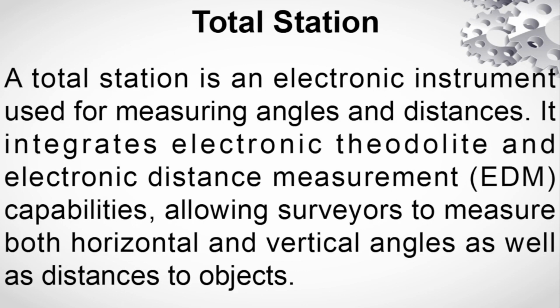The first one we'll be talking about is the total station. What is a total station? A total station is an electronic instrument used for measuring angles and distances. It integrates electronic theodolites and electronic distance measurement, also known as EDM, capabilities, allowing surveyors to measure both horizontal and vertical angles, as well as distance to objects.